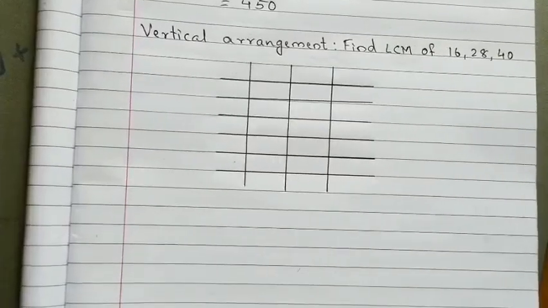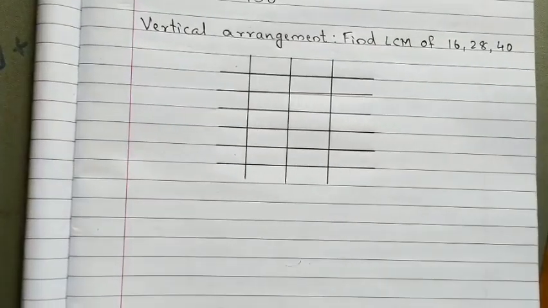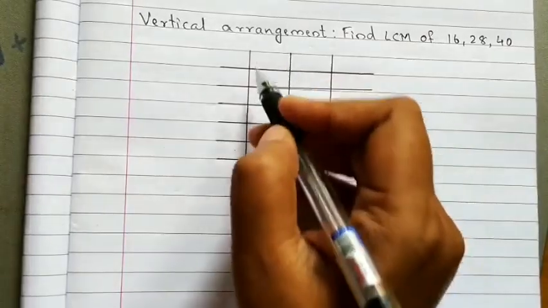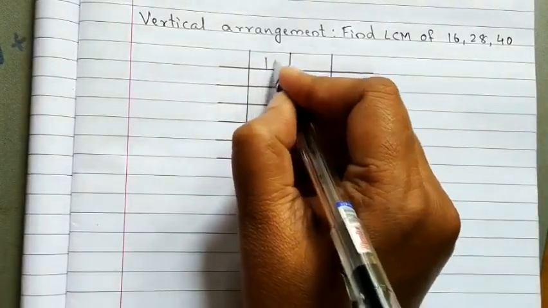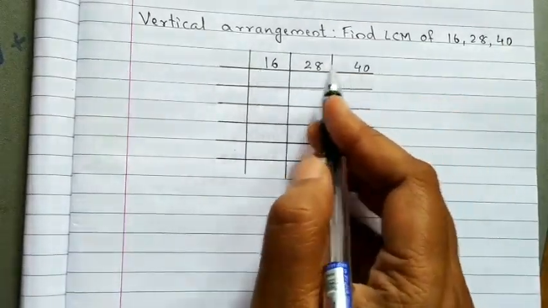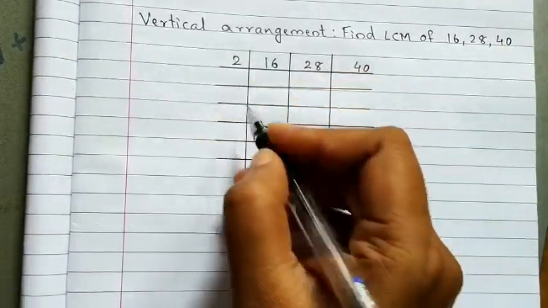Now let's see the vertical arrangement to find the LCM of numbers. This will be an easy method for finding the LCM. In this arrangement, we'll write the numbers here, 16, 28 and 40. Now you see that all are even numbers, so let's divide by 2.